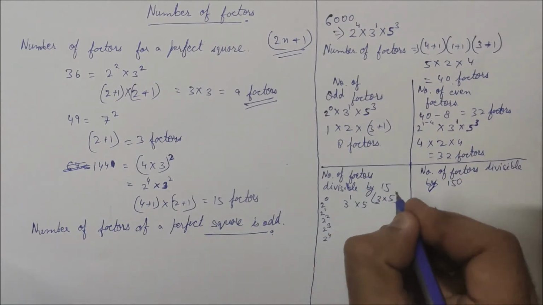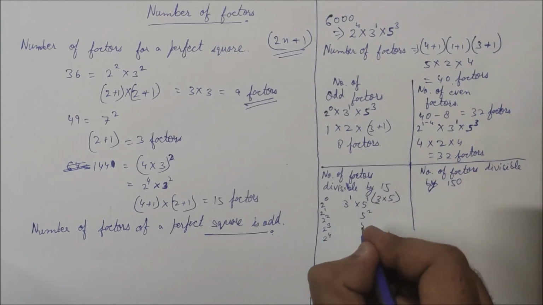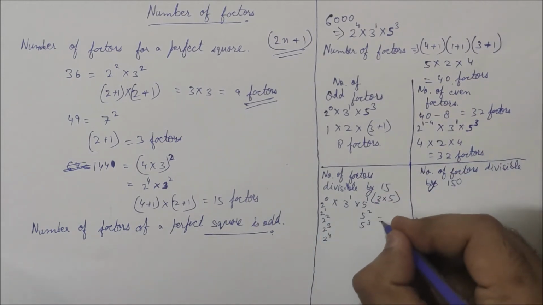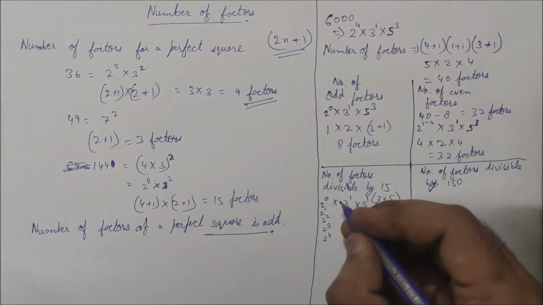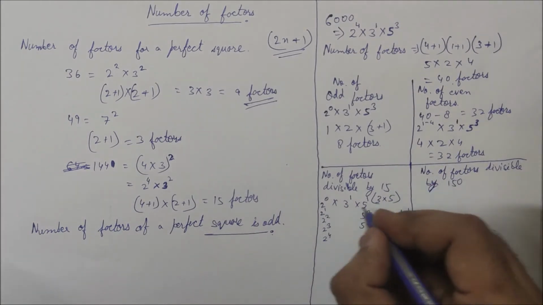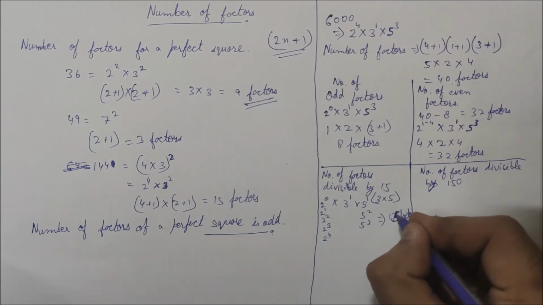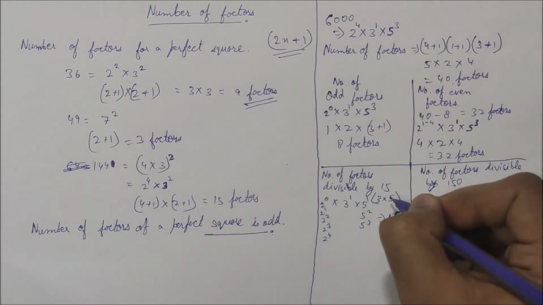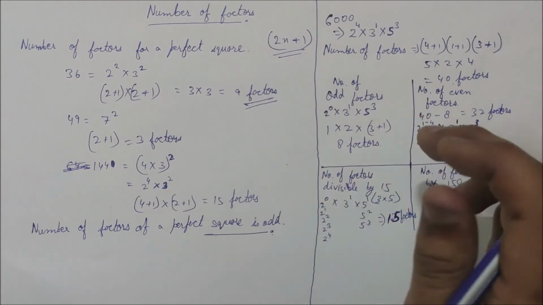For 5 there has to be at least one 5, so I have to take 5 to the power 1, 5 to the power 2, 5 to the power 3. There would be 5 options available for 2, so there would be 5 into 1 into 3, 15 factors available which are divisible by 15.